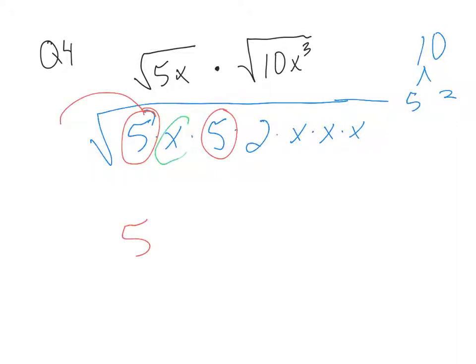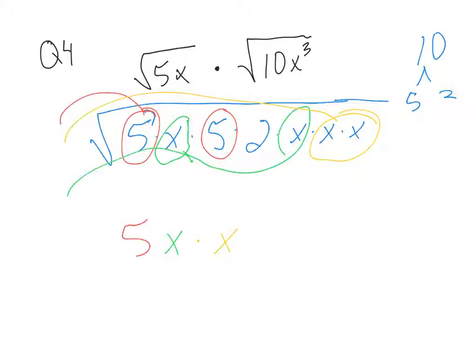This x can go with this x, so pull the x out. And then here's another set of x's. You can pull out another x. And then 2 doesn't have a pair, so it's going to be stuck by its lonesome, still inside the radical. So to simplify this, we have 5x squared, square root of 2.